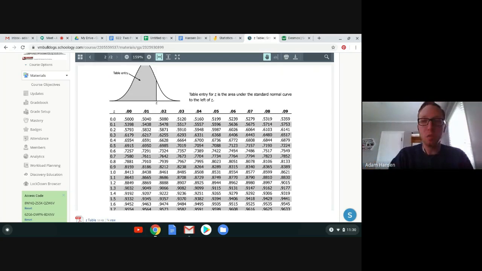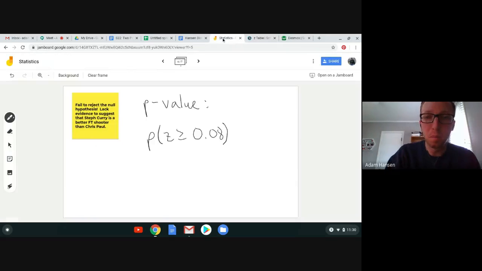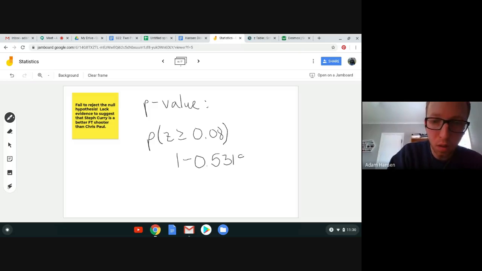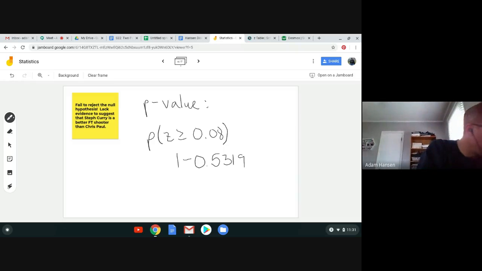If I want to the right, we'll do 1 minus 0.5319, which is about 0.4681.